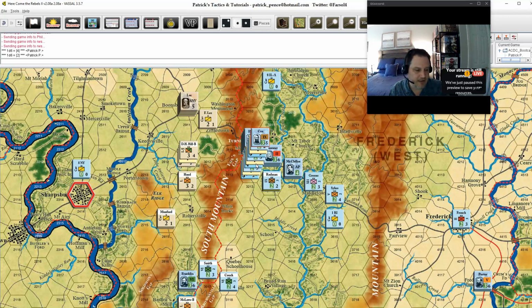Another possibility they have is to try to entrench. That is a specific action that can only be done in certain years of scenarios, 1864 in this case. We are in 1862, so that action is not available to these units. They can only entrench at the end of the action phase as part of recovery.